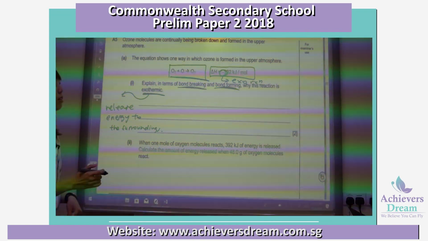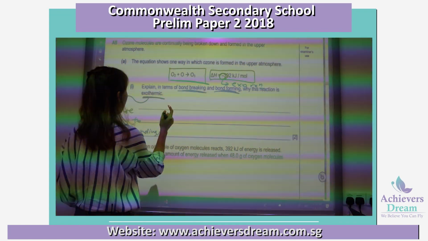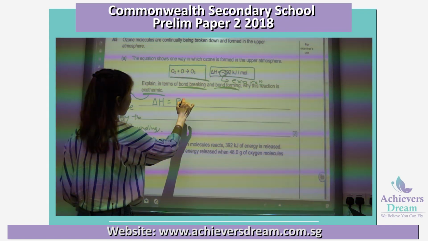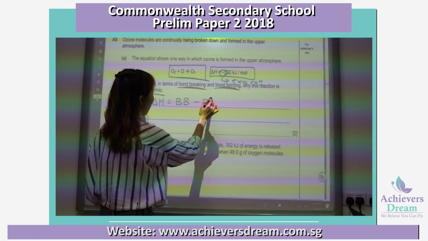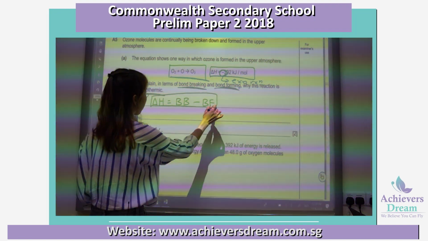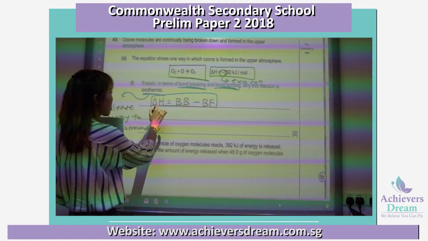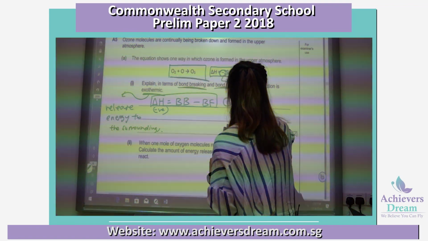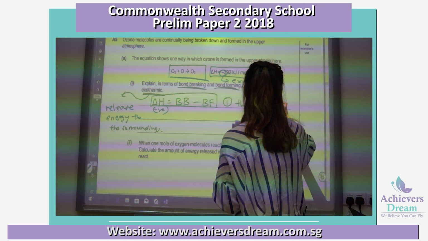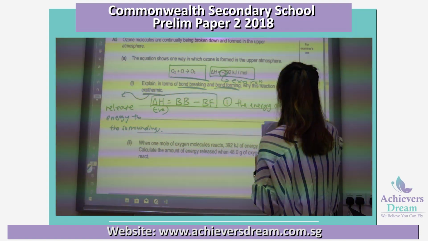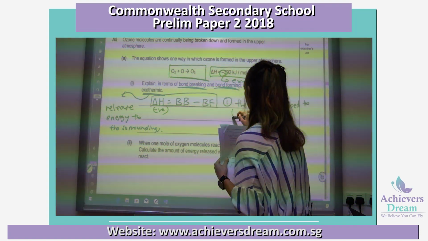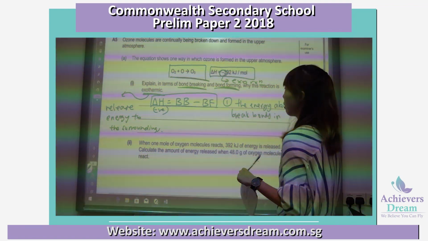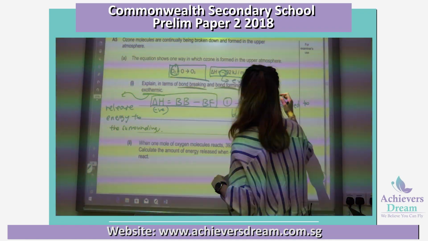Correct? So how we explain this kind of question is first we use this formula: enthalpy change equals bond breaking minus bond forming. So we know that the enthalpy change is negative. So the first thing we say is the energy absorbed to break bonds. We must see where we are breaking the bonds in. We are breaking the bonds in O2.